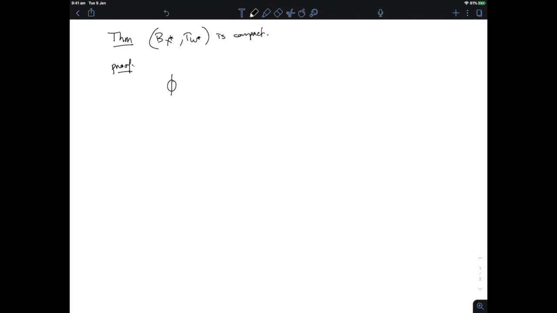So we define a map phi from this topological space B of X star, endowed with the weak star topology, into the space of functions from X to R, by sending a functional x star to the product of all those real numbers that you obtain by applying x star to x, running over all x in your Banach space.